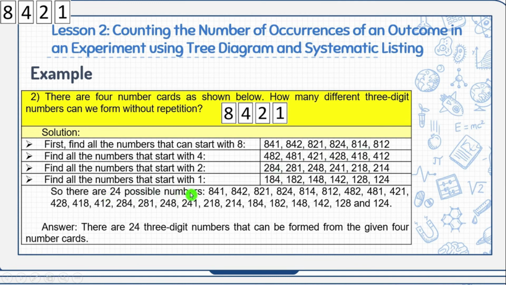Diba? Out of 4 cards, makapagbuo po tayo ng 24 na possible 3-digit numbers. Diba? So therefore, ang ating answer ay 24 3-digit numbers that can be formed from the given 4 number cards. Okay, so that's for our systematic listing.